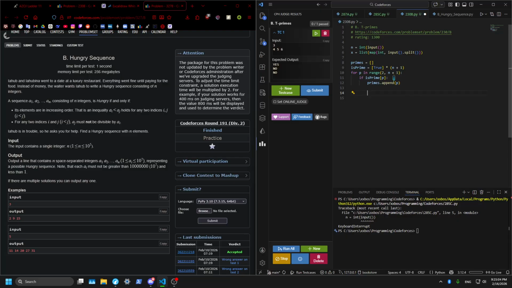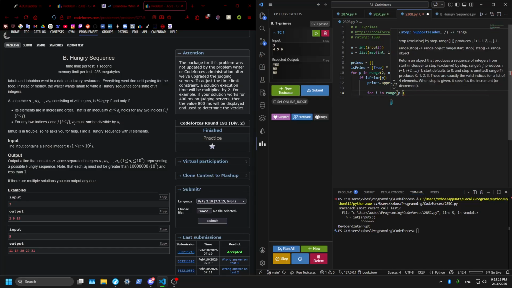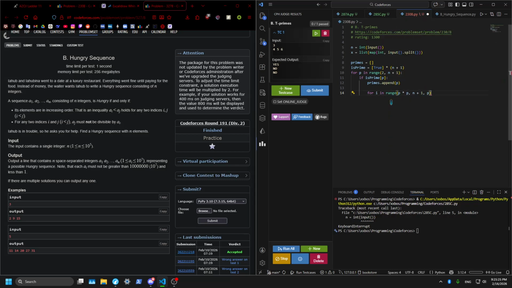What we do need, though, is the for loop afterwards with the setting to false. So for i in range p times p, then we go to n plus 1 and we increment by p, and then we do is prime i equals false.